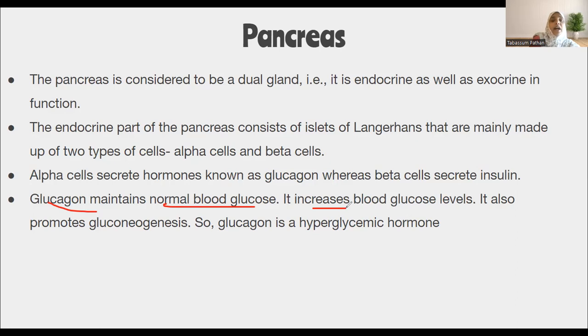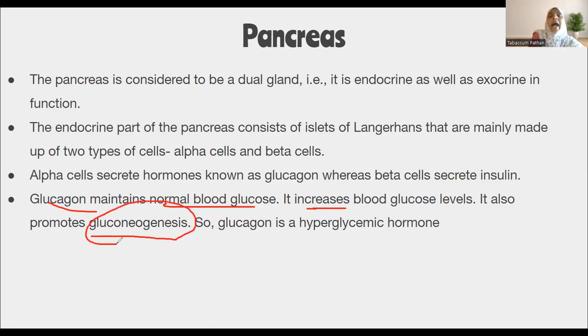If your blood has low sugar, if there is not enough sugar in your blood, then glucagon will be released by the pancreas. It also promotes gluconeogenesis. This will happen in case of starving.